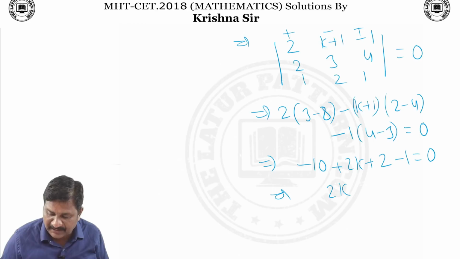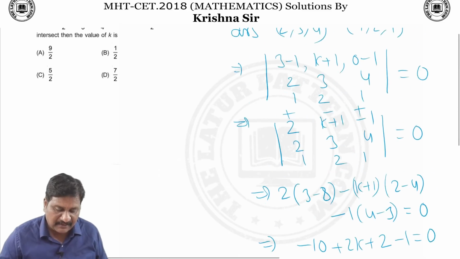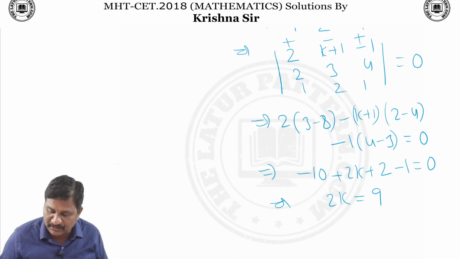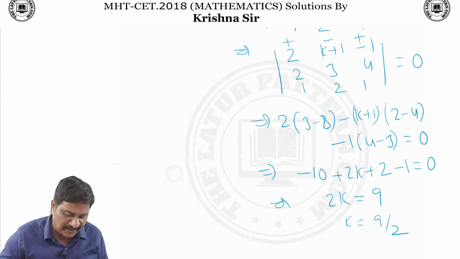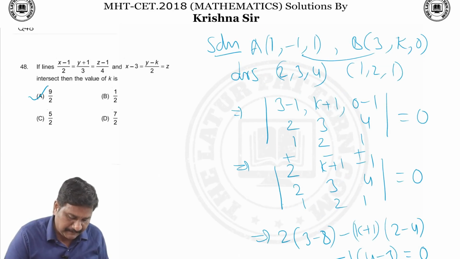Then 2k minus 11 is equal to minus 9, which gives 2k equal to 9. Then from our options, k is equal to 9 by 2. Then the option is A.